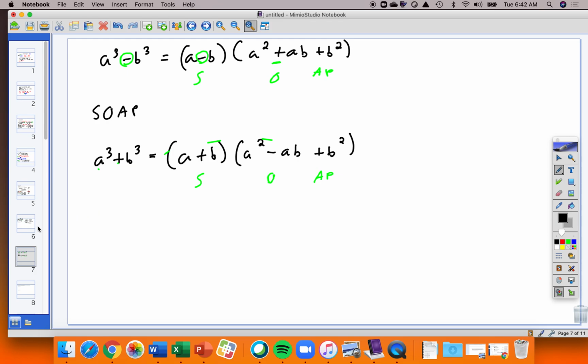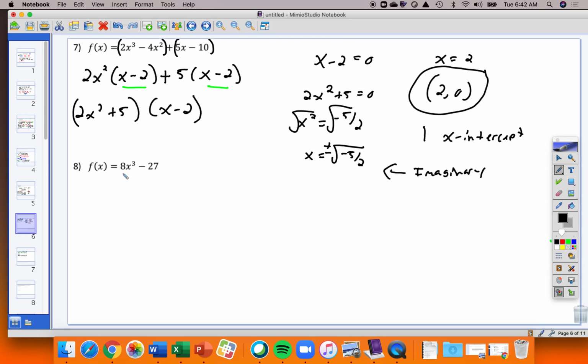So, in our problem here, we have a difference of perfect cubes. I can rewrite this as 2x cubed minus 3 cubed. So therefore, I now have a and b.